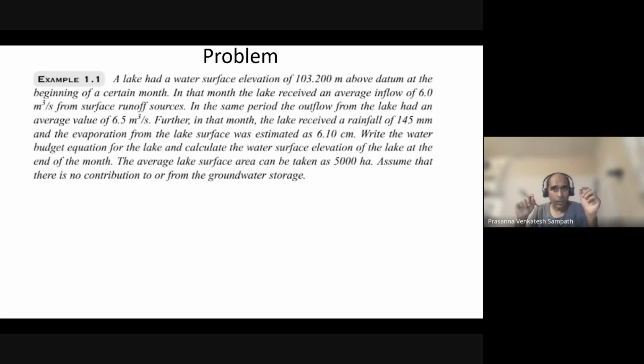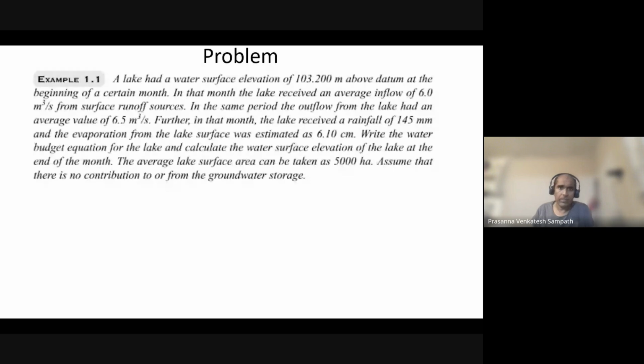Further, in that month, the lake received a rainfall of 145 millimeters, and the evaporation from the lake surface was estimated as 6.1 centimeters. Write the water budget equation for the lake and calculate the water surface elevation of the lake at the end of the month. The average lake surface area can be taken as 5,000 hectares. Assume that there is no contribution to or from groundwater storage.